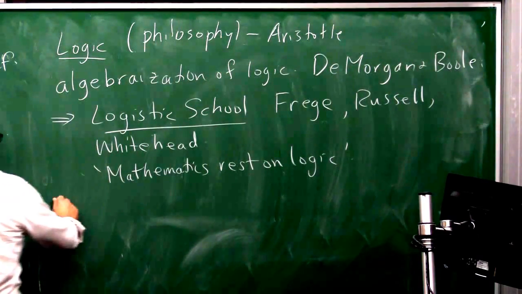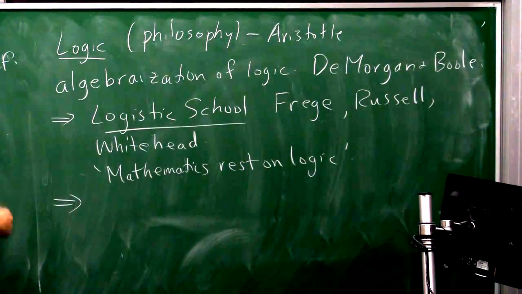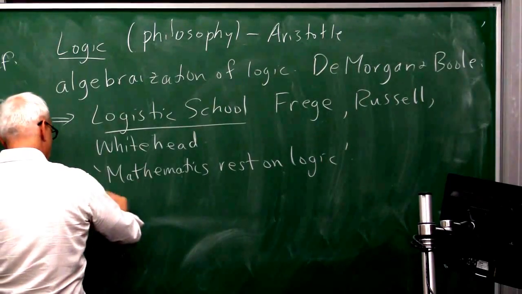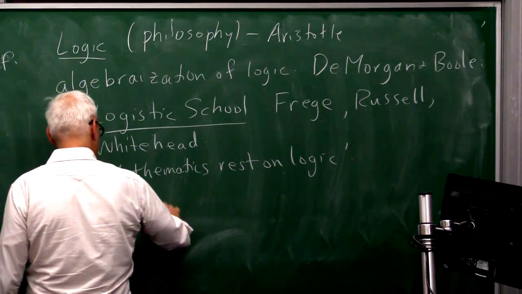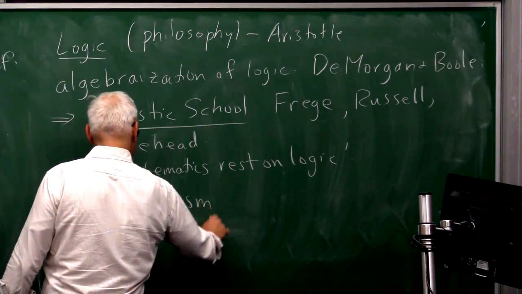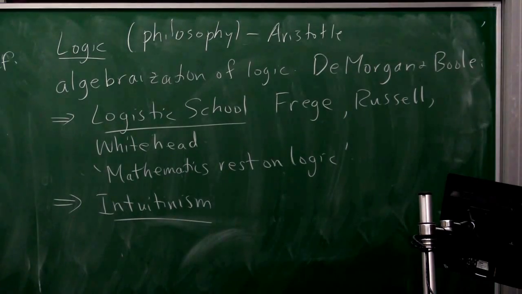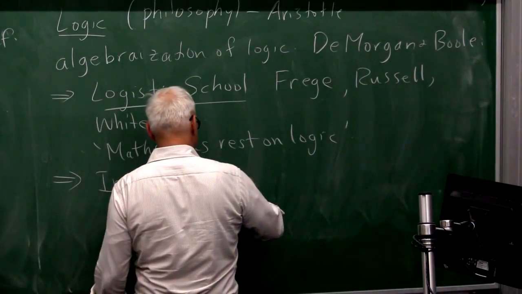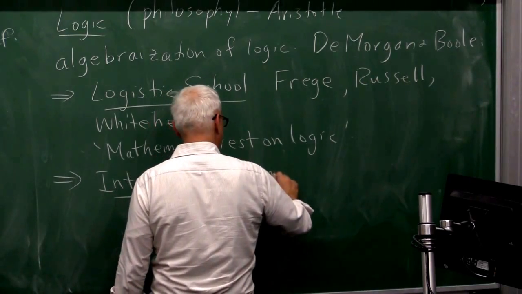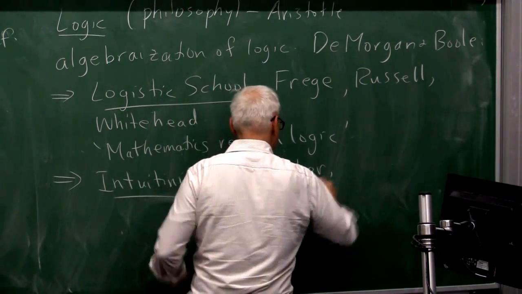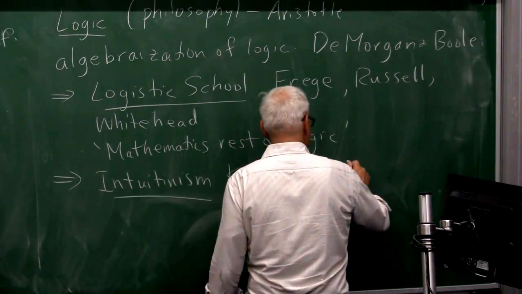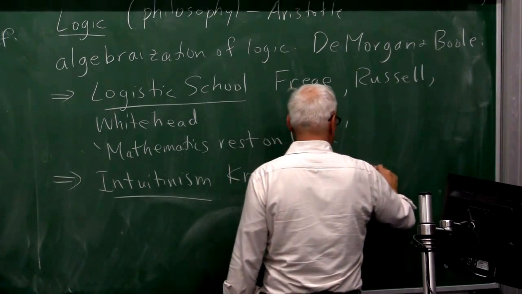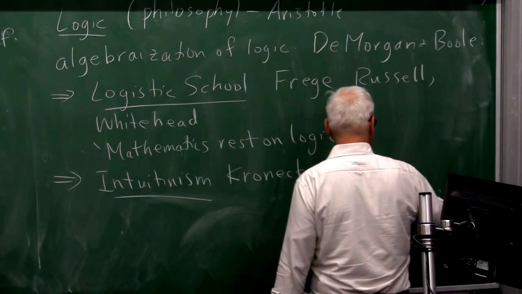There was another school of thought that emerged called Intuitionism. The School of Intuitionism, whose prominent leaders were, first of all, Kronecker, and then Borel and Lebesgue were involved.